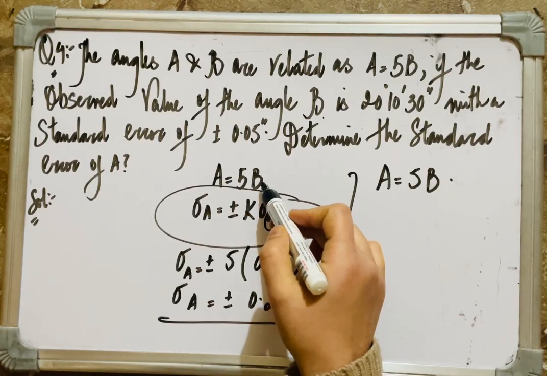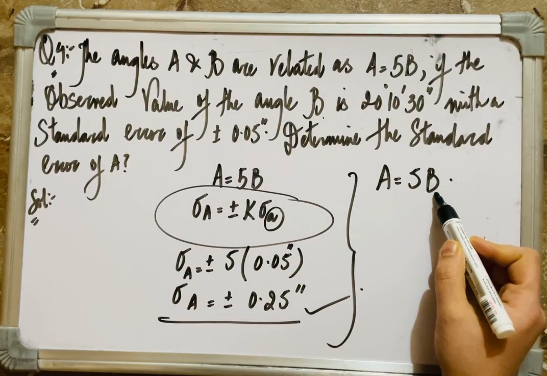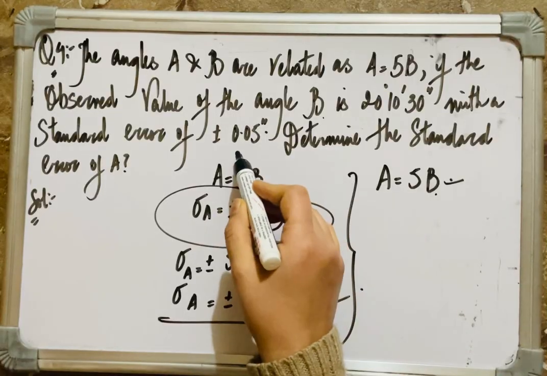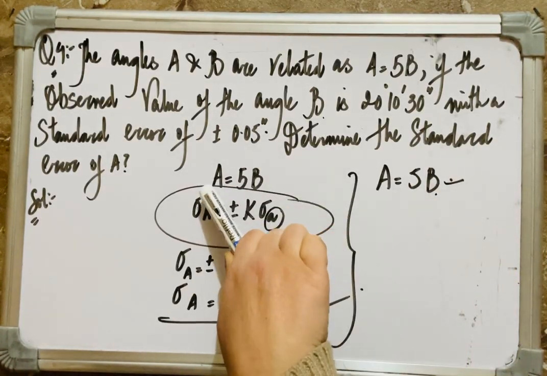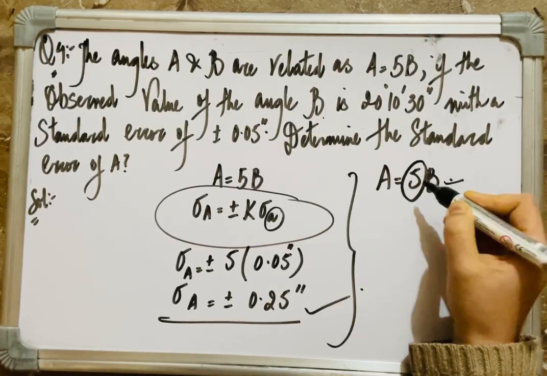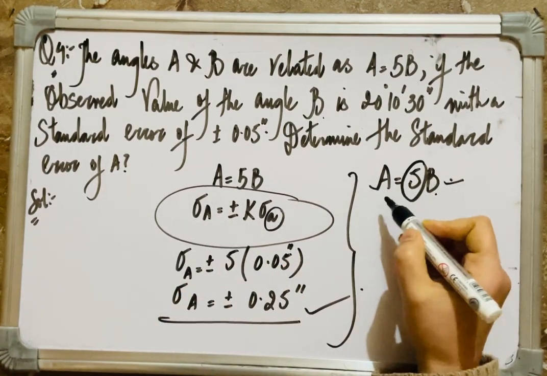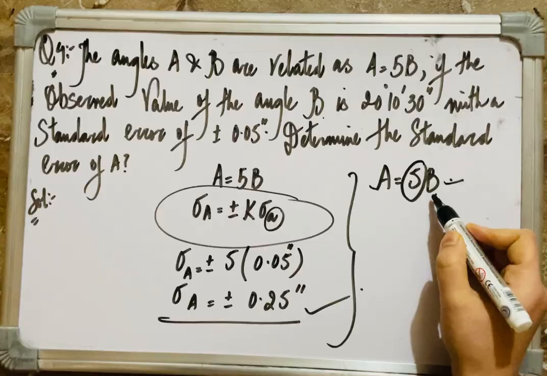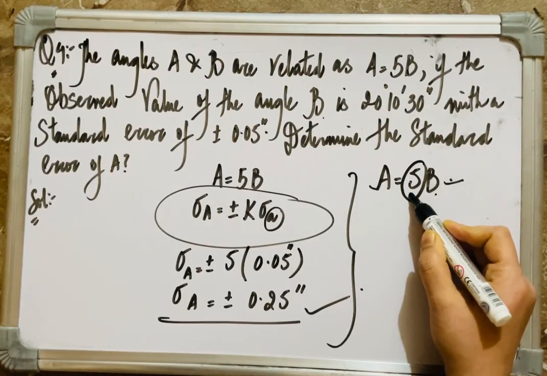So this was my observed quantity and this is my computed or derived quantity. It had an error of something, plus minus 0.05 seconds, and this was related to the derived quantity by multiplying it by some constant, that it was 5 times this. That means the standard error in the derived quantity will be the same standard error that my observed quantity has multiplied by the constant.